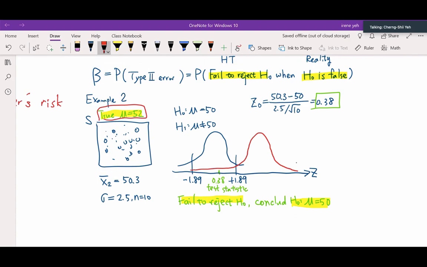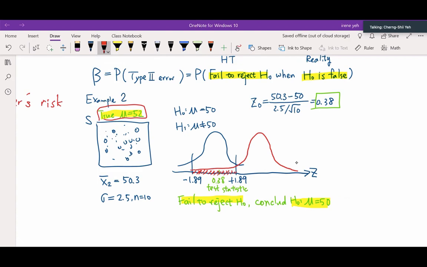So there will be a small section of the red distribution that happens to fall inside my confidence interval, just like this green dot here. This green dot, the sample mean, is coming from the red distribution. However, it falls on the far left of this red distribution, and it happens to be inside the confidence interval of our hypothesis testing. That's when we fail to reject the null hypothesis and make a type 2 error. Does that make sense?